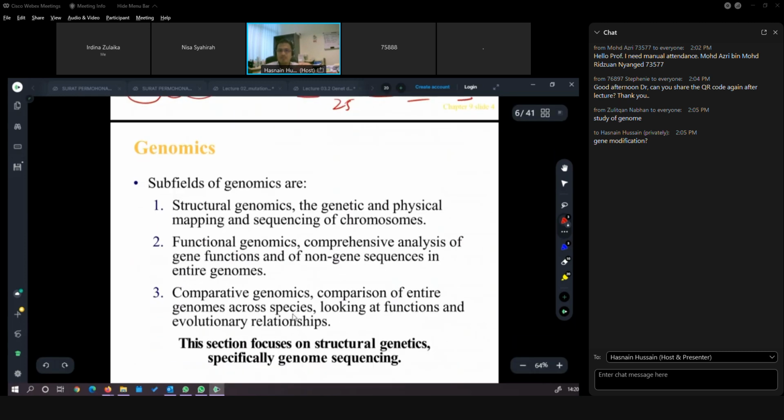Okay, genomics has subfields, or subcategories, in the study of the genome. One is structural genomics. Don't get confused with the structure of a protein.